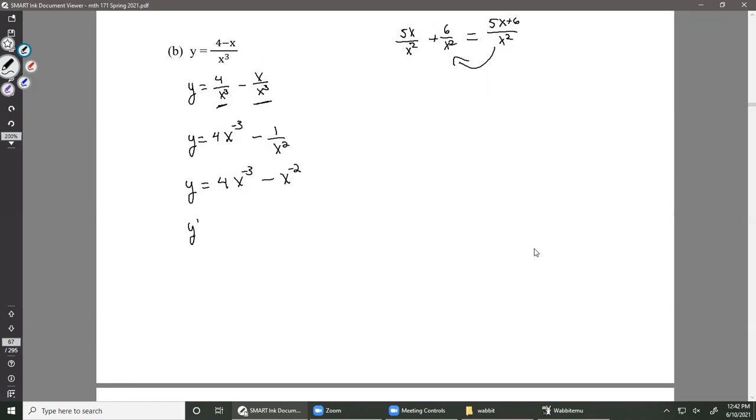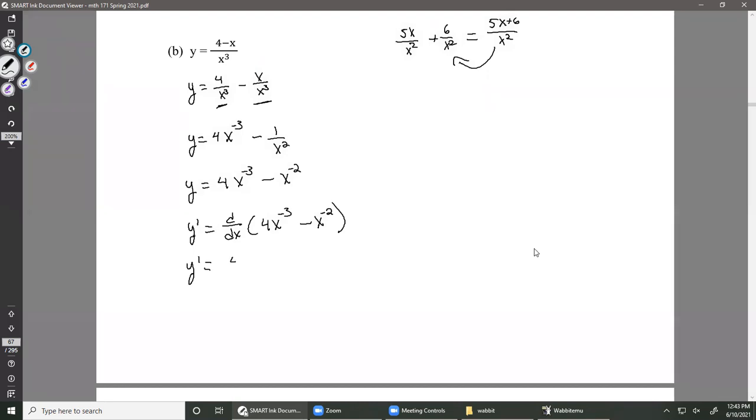So y prime is equal to d dx of 4x to the negative 3 minus x to the negative 2. And I'm just going to go ahead and take the derivative of this. If you guys have questions, feel free to ask.